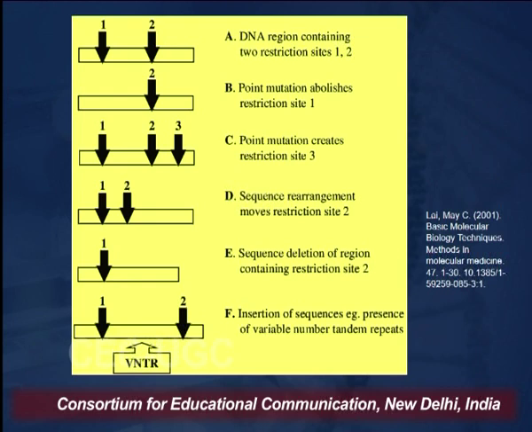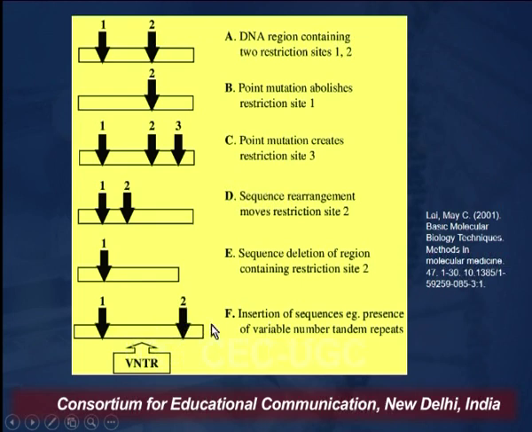In some DNA there could be 2 tandem repeats, in some there can be 10, and in some there can be 50 or 100. So, obviously the distance between these restriction sites would vary, and therefore when we cut with these two restriction enzymes, the length of this fragment will differ. If there are 4 or 5 tandem repeats it would be smaller, and if there are 50 tandem repeats it would be larger.